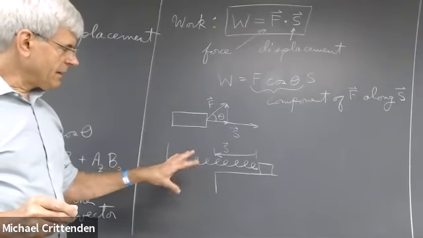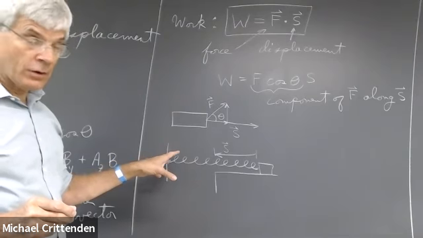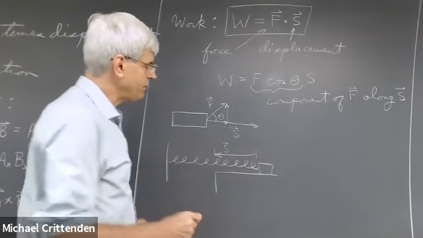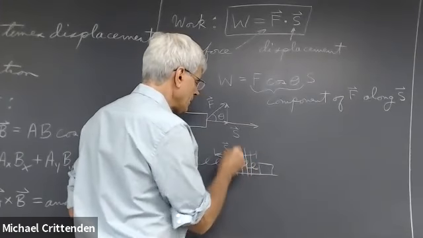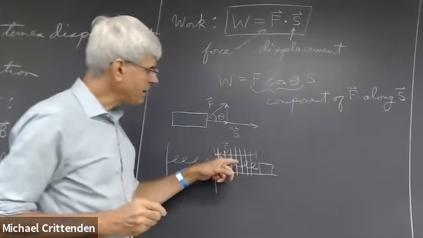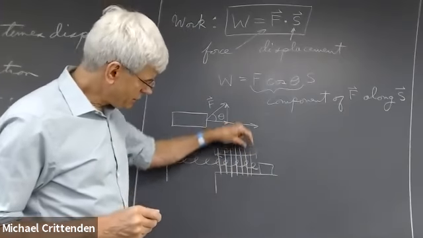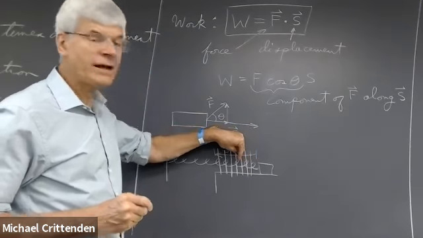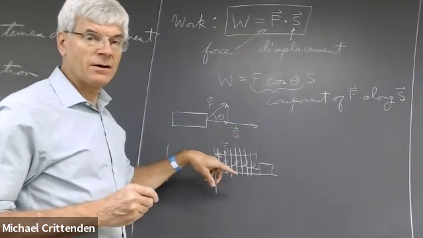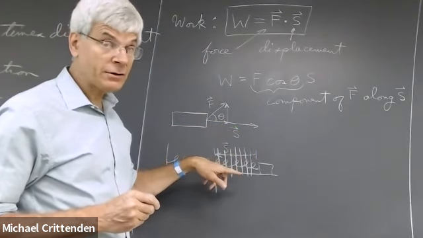To get at least an approximation for the work, you could take that entire displacement and divide it up into lots of little pieces. Each of these pieces represents a relatively small change in the length of the spring, so the force doesn't change much.